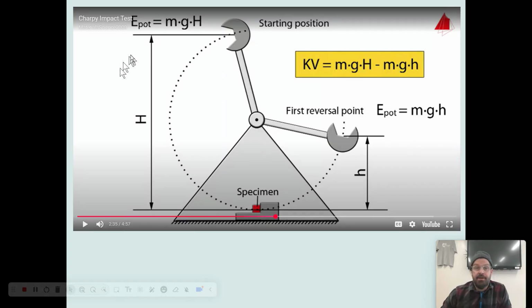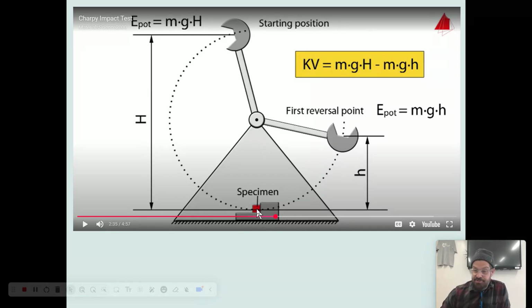So just to be clear, there's only gravitational potential energy at the top. It swings down. It hits the sample material, which absorbs a lot of that energy, and then it keeps swinging, and then it has less gravitational potential energy at the other side because it's less high. Small h is lower than big H, and if you know anything about gravitational potential energy, that means the pendulum has lost some of its energy from the time it was up here compared to when it was down here.